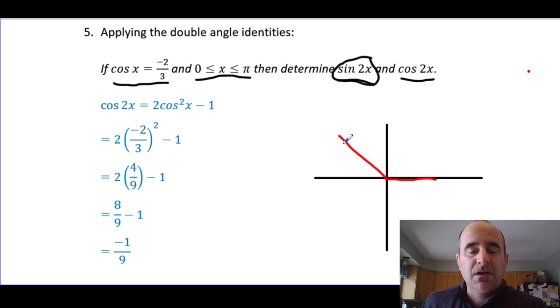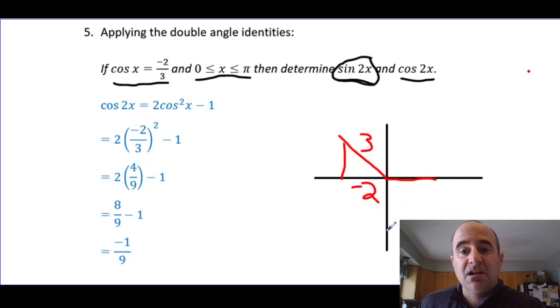Okay, and we have our adjacent side here, must be negative 2. And our hypotenuse is 3. And then we have the opposite side too, or the y value, our x value is negative 2. Now we can actually use the Pythagorean theorem to figure out what this missing side would have to be.